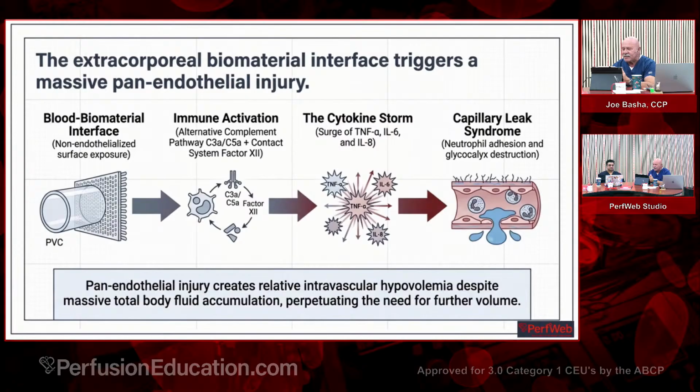Yeah. But all of these things lead to capillary leak syndrome, and capillary leak syndrome can be moderate, in which case you can reverse that, or it can be severe, in which case your mortality rate is almost 100%. It's pretty close to 100% if it's not 100%.